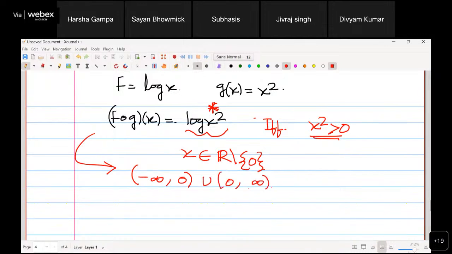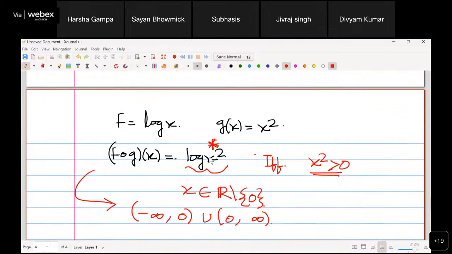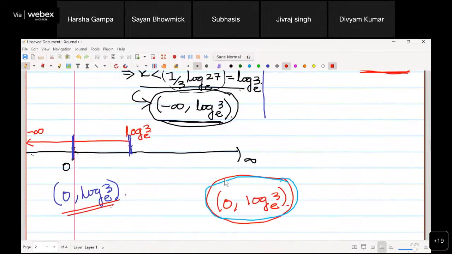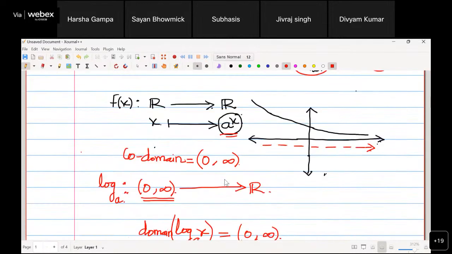Now, this log is an injective function, right? Yes, sir. Because this is the exponential function's inverse, and you know that the exponential function is injective, right?